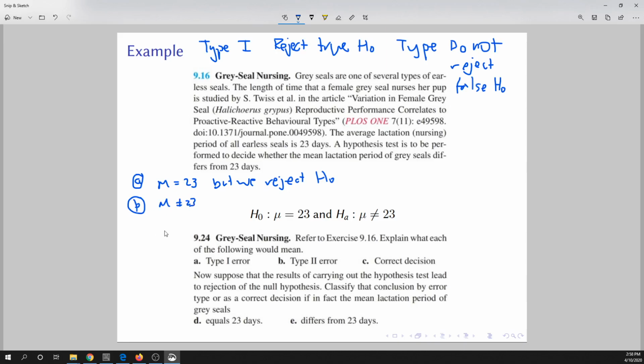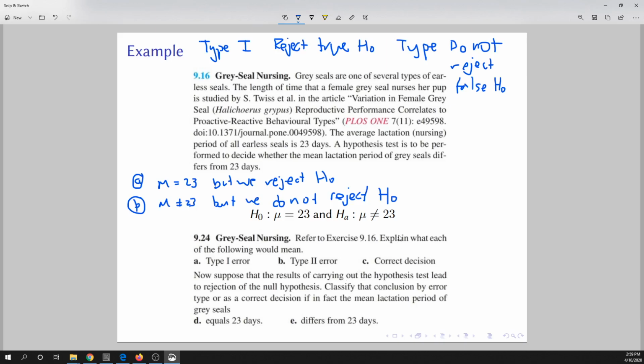All right, so this is the truth. But then we turn around and we fail to reject, or do not reject, the null hypothesis. Okay, so that's what a type 2 error would look like.